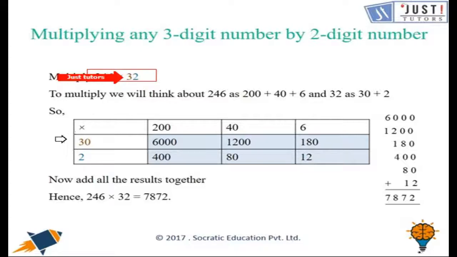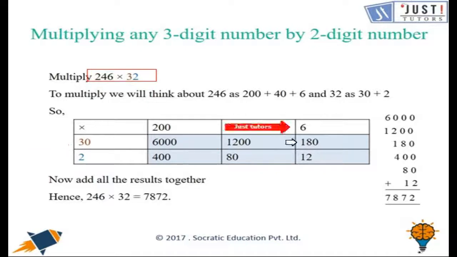So 32 can be written as 30 and 2. And then we will be multiplying all of them together, and then adding the results together. So let's start with multiplying. 30 times 200 makes 6,000. 30 times 40 makes 1,200.